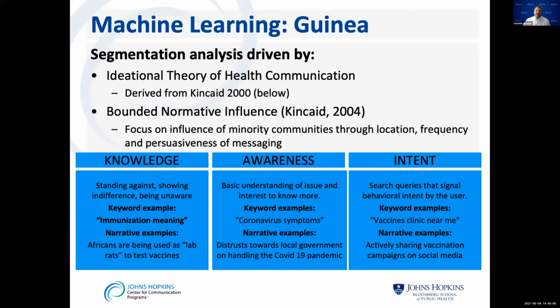These categorizations were later used to develop audience segments. Second, in the forthcoming campaign, we're applying the principles of bounded normative influence. This approach focuses on the role of minority communities to impact majority opinion through location, frequency, and persuasiveness of messaging.